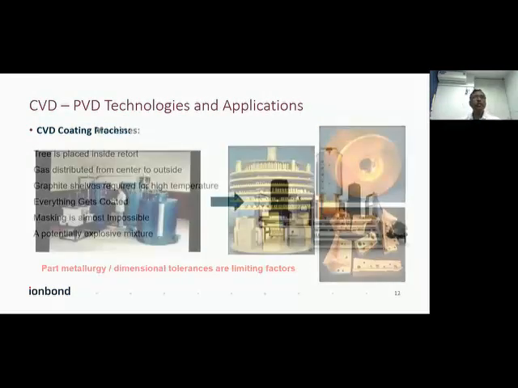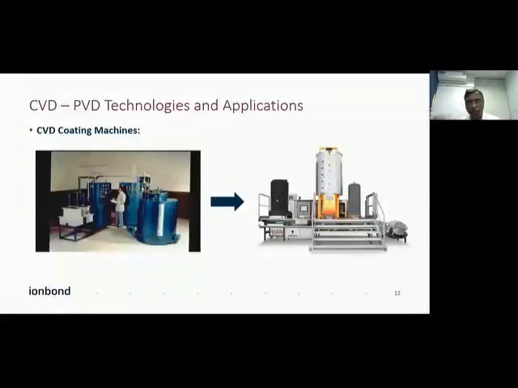So this is the coating machine and the development of the technology. You can see on the left side, this is the CVD coating furnace. This was developed way back in the 1965 or 1970s. So you can see how the structure was. Here the control panel, then the gas distribution. This is the retort where all the tools are loaded, with a high temperature of 1050 degrees centigrade.